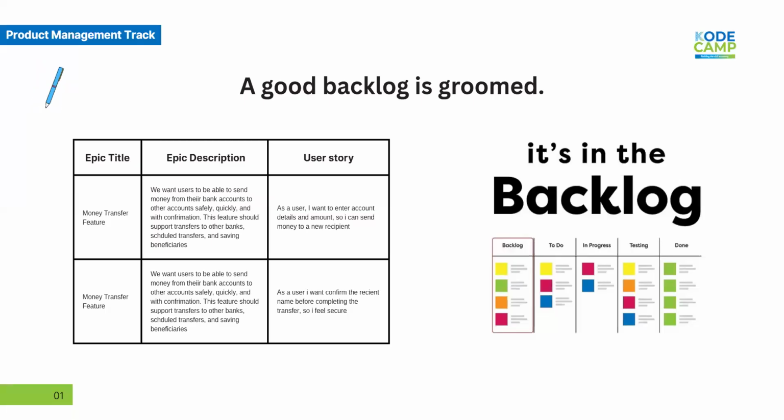So let's go back to our money transfer app. Let's say you've broken down the epic into 10 different user stories, from creating an account to verifying phone number to adding a recipient, selecting a payment method, and reviewing the transfers and so on, like we talked about. You now need to take all of those stories and ask some critical questions.